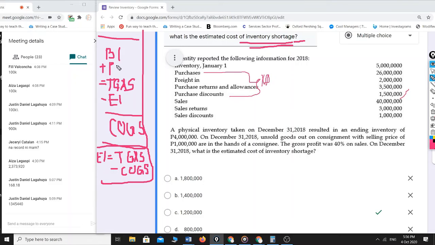So, 5 million, and then this one, so our answer. Let's try to solve. So, our TIGAS is 28 million.